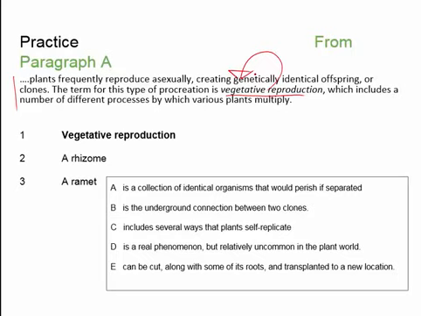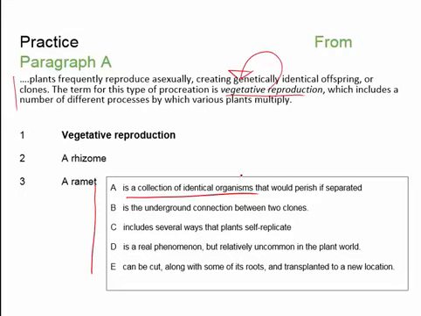Okay, let's go down here and look at our choices. Now we're going to do this slowly here and take a close look, and maybe for you it would be a much quicker process to find this answer, but let's walk through each one and cross a few out. So A, does this make sense? Vegetative reproduction is a collection of identical organisms that would perish if separated.